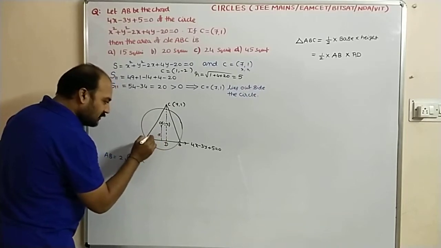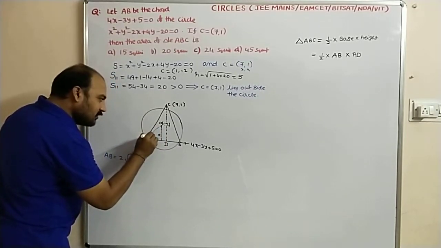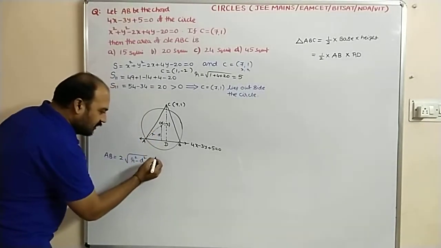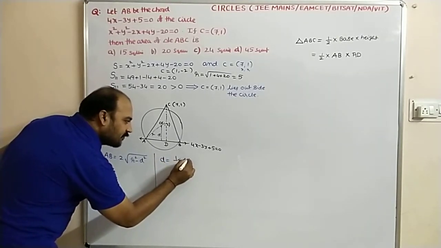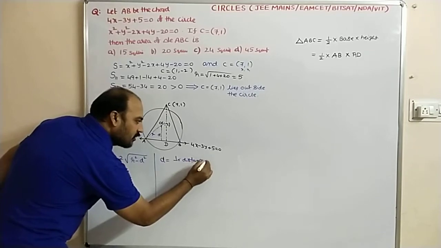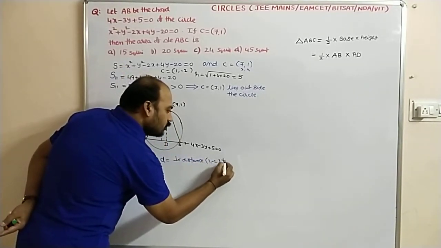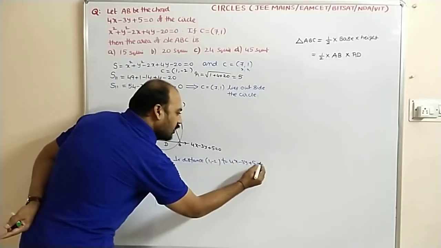This is D, and this is obviously R. The R value we got already. So calculate the D value here. D is equal to the perpendicular distance from 1 comma minus 2 to 4x minus 3y plus 5 equal to 0.